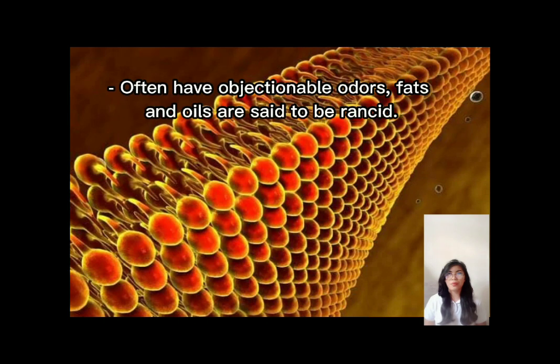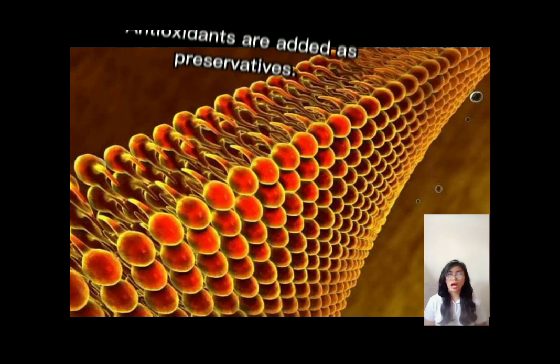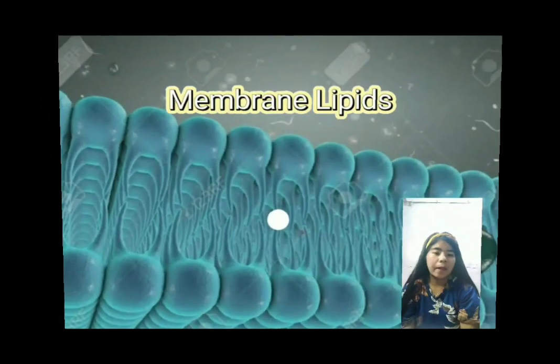Often having objectionable odors, fats and oils are said to be rancid. Double bonds of triacylglycerols are subject to oxidation with oxygen in air, producing short-chain aldehydes or carboxylic acids. Antioxidants are added as preservatives.